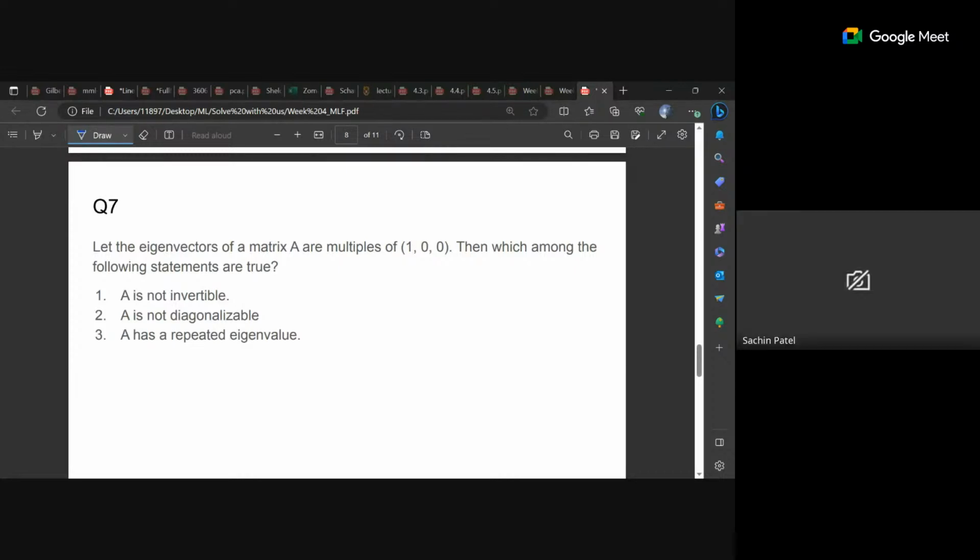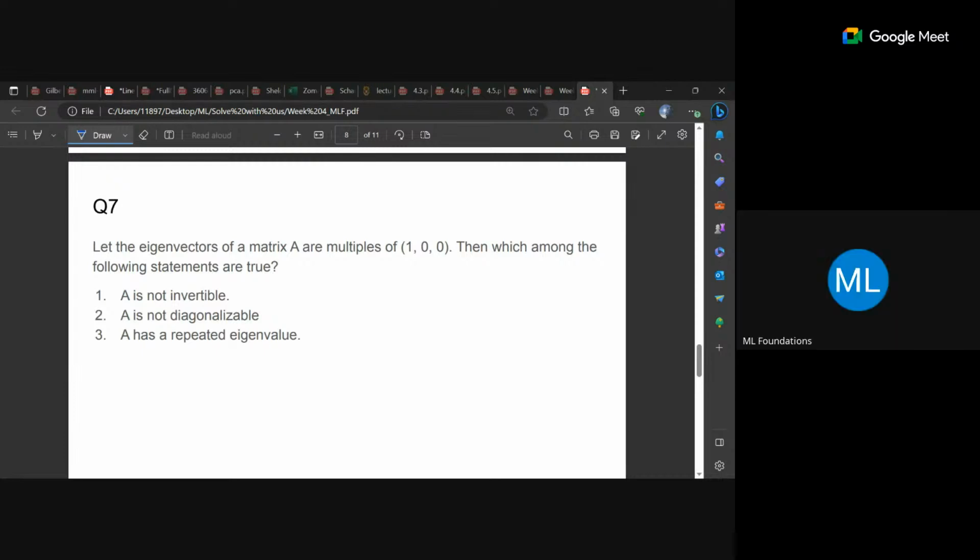Option 2, ma'am. A is not diagonalizable, right? Is A invertible? No, ma'am.